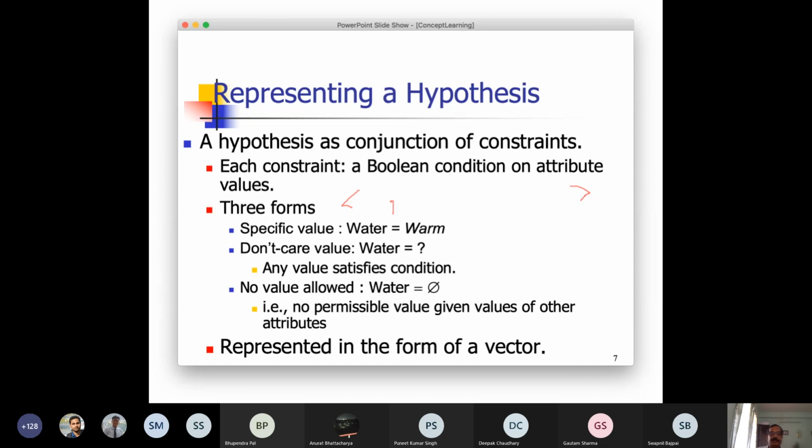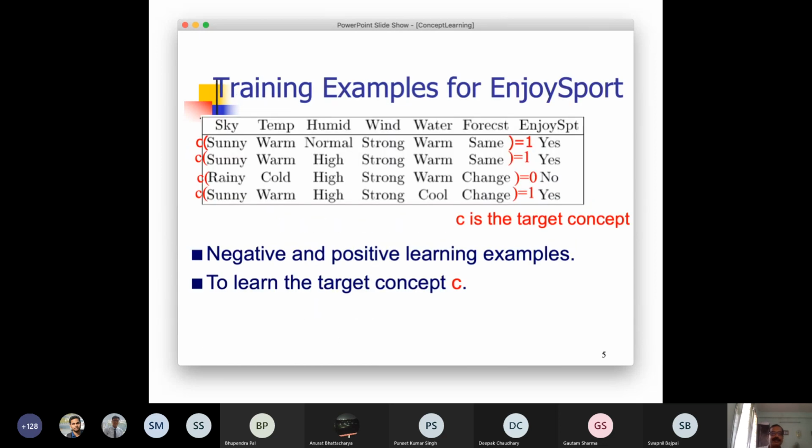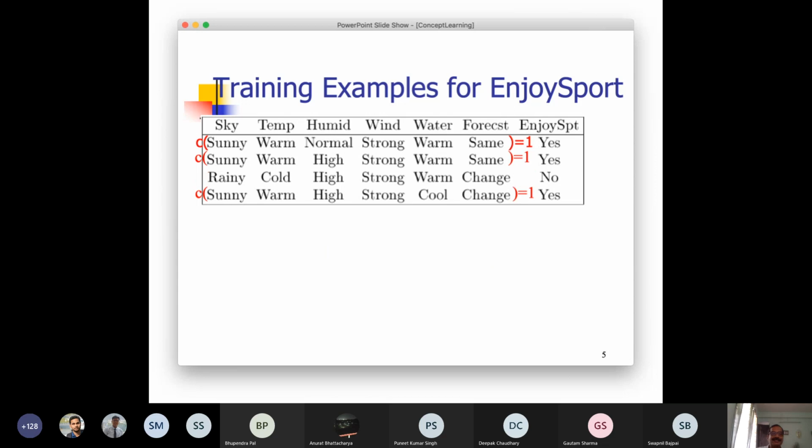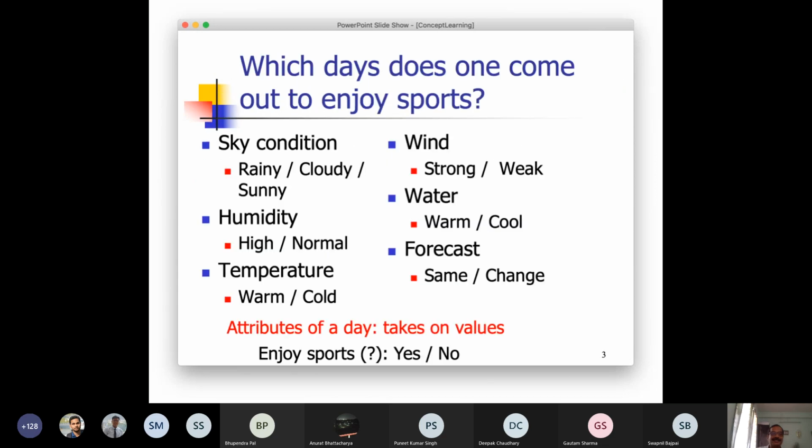Say, for example, the first position is for sky, where you consider the value either sunny, cloudy or rainy. If you go back to your example sets, let me go back to the first slide. So you can see these are the conditions, right? What are the valid hypotheses in this representation?